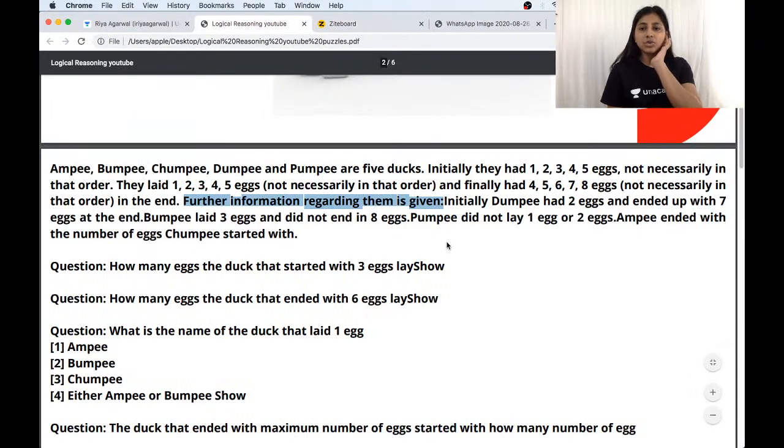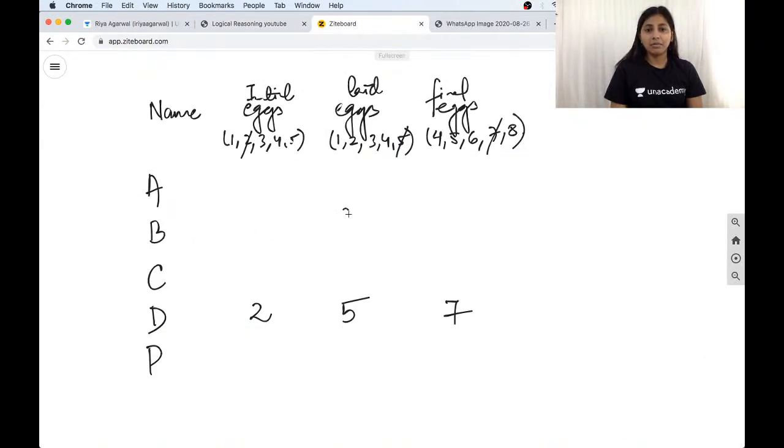Let's go to the next clue. Bumpy laid 3 eggs and did not end up with 8 eggs. Okay, Bumpy laid 3, and Bumpy's final was not 8. That is what they are saying, which means 5 cannot be here.